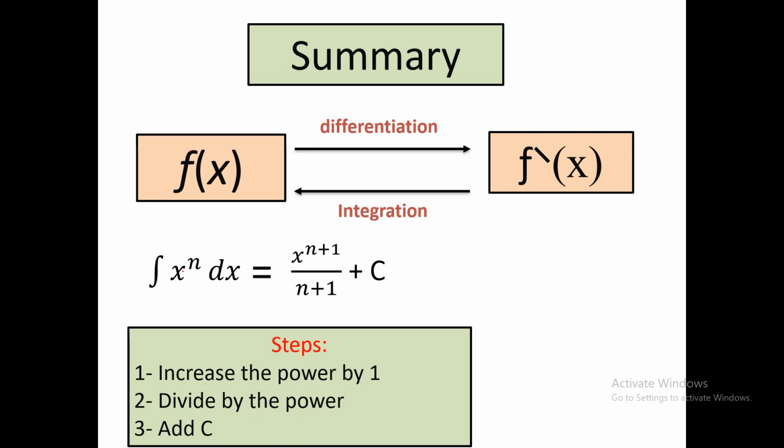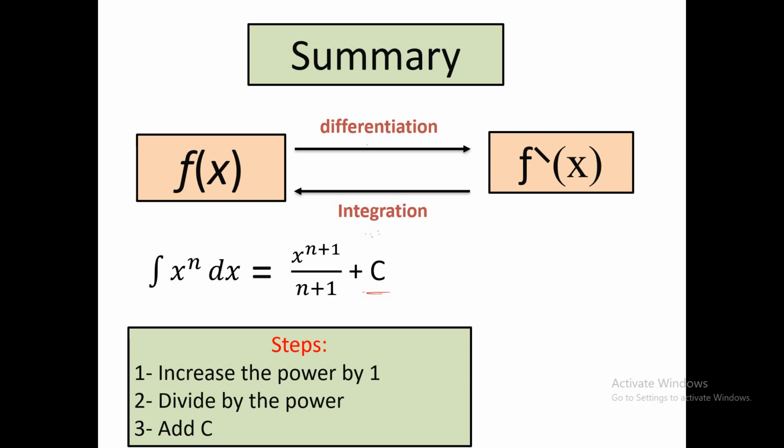The n here is our power; add 1, so the power plus 1 over the power plus 1, and don't forget to add the c. So we have 3 steps to find the integration, and don't forget integration and differentiation are opposite operations. So if I have a differentiation, I'm going to get back to the original function using integration.